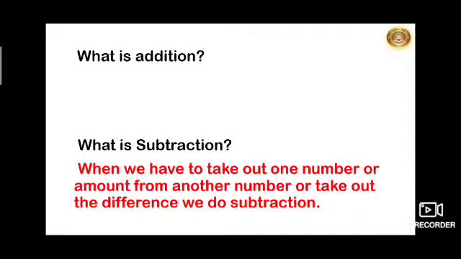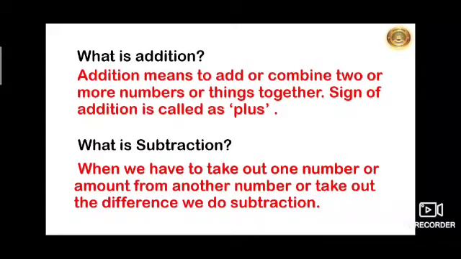So children, what have we learnt in our previous lesson? That is, what is addition and what is subtraction. Addition means to add or combine two or more numbers or things together. The sign of addition is called plus. And what is subtraction, children?